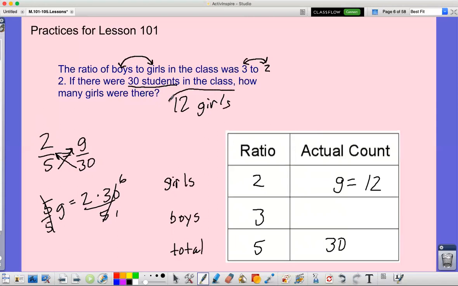So don't be too upset about it. You just have to make sure that this matches up with this. The relationship of those numbers is incredibly important. Boys to girls, 3 to 2. So boys is 3, girls is 2. Those have to correlate.